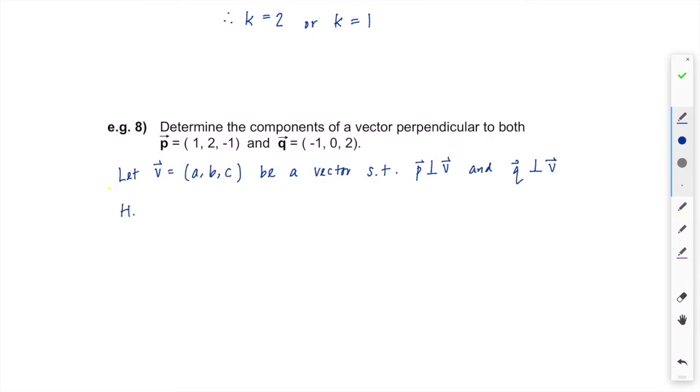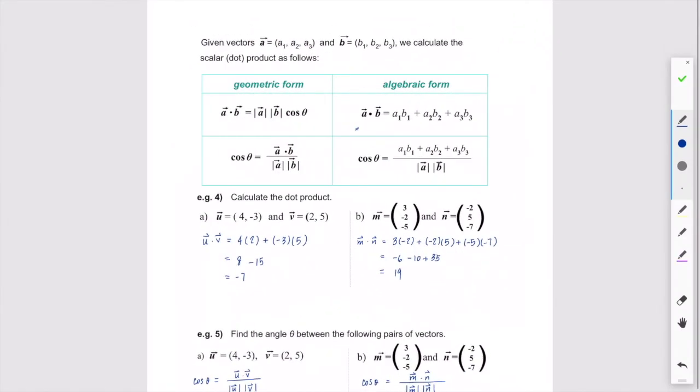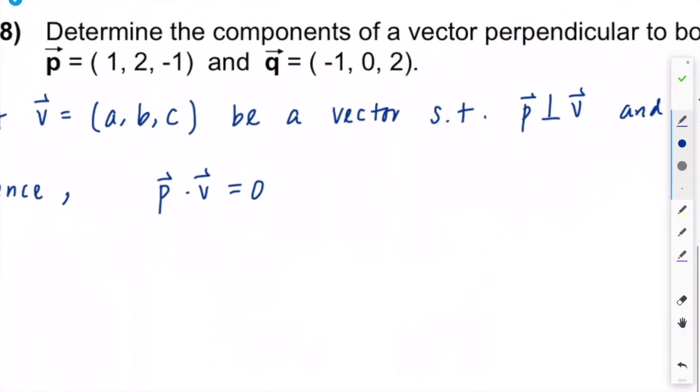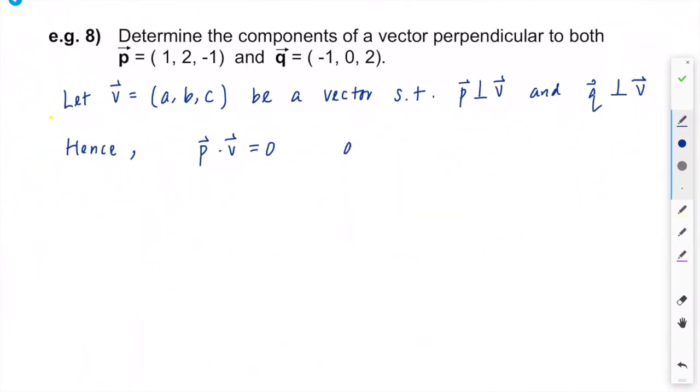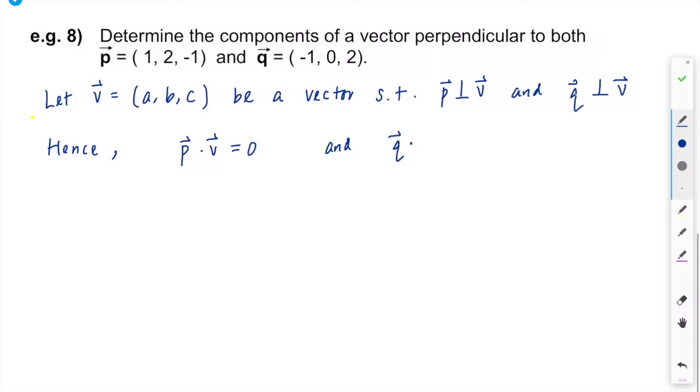Hence, what can we say based on those relationships? I can say that when I find P dot V, it must be 0. And when I find Q dot V, this is also equal to 0.